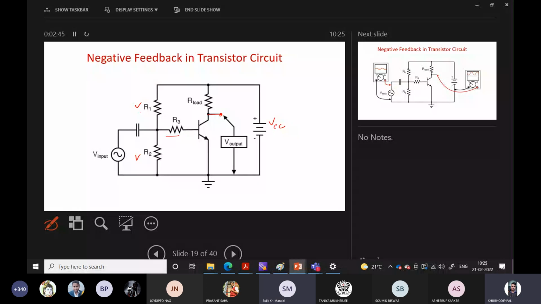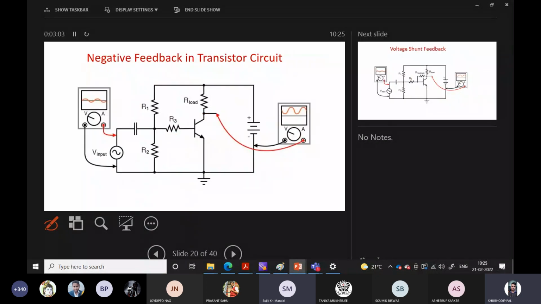Now here there is no feedback resistor connected. For a transistor amplifier, what do we know? We know that the input and output have a phase shift of 180 degrees. That means if you increase the input voltage, the output voltage will decrease.